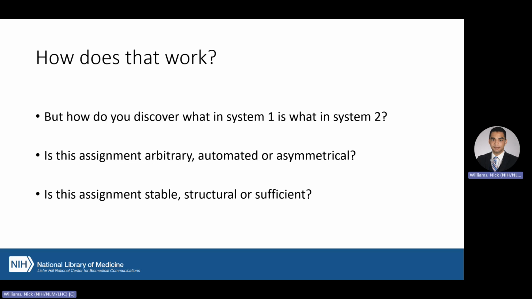Is it automated? Is it asymmetrical, by which I mean we can go from 1 to 2, but not from 2 to 1? You also should think about if the assignment is stable over time, if it is structural and consistent across all eras of those information systems, and further, is it sufficient for your specific use case? Just some things to think about as you evaluate candidacy.